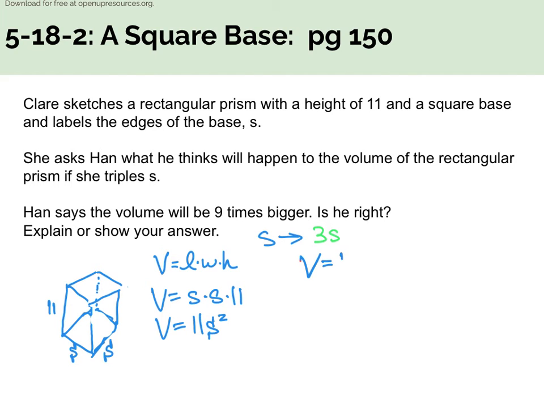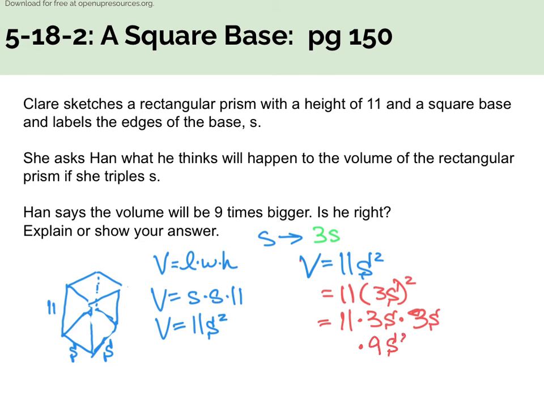The original was 11S squared. We changed everything. So we still have 11. S is now 3S and then squared. So this is what it's saying. It's going to be 11 times 3S times 3S. 3 times 3 is 9. S times S is S squared, and we still have this 11.